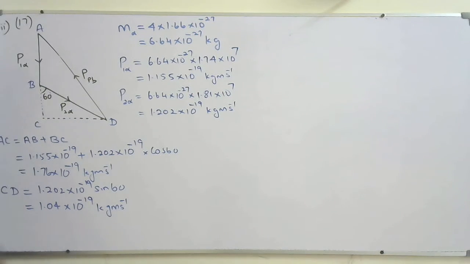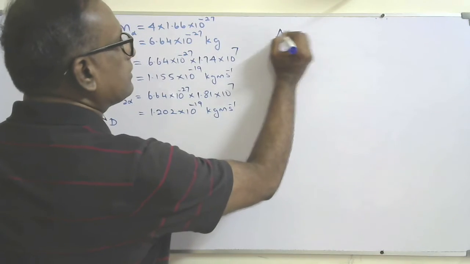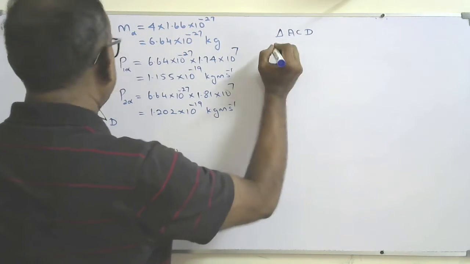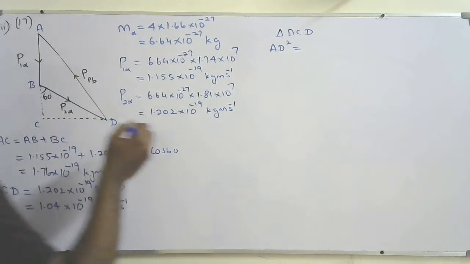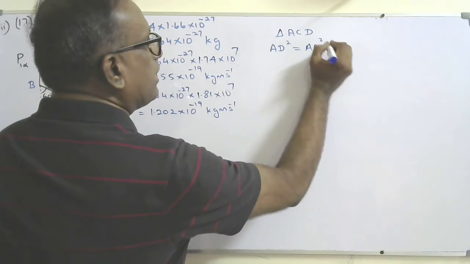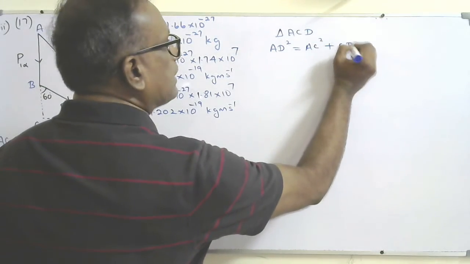So in the triangle ACD, AD squared is equal to AC squared plus CD squared.